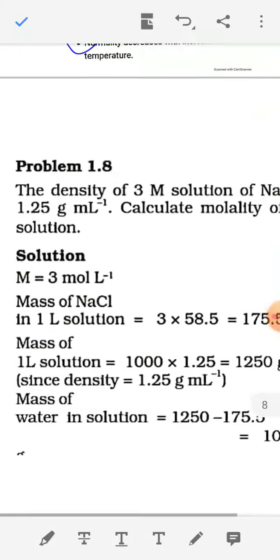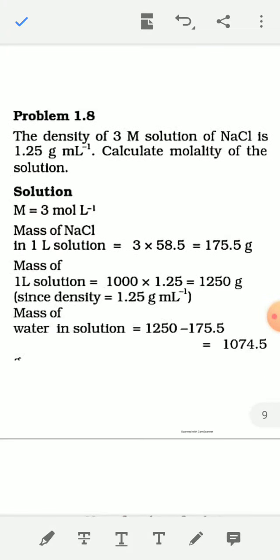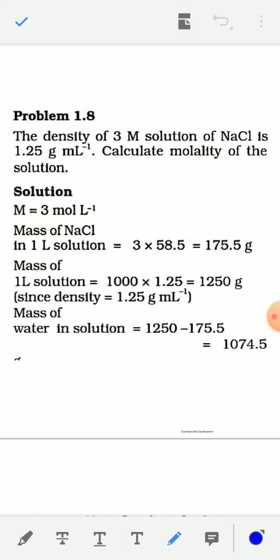One more numerical problem is given here. The density of a 3 molar solution of NaCl is 1.25 gram per ml. Calculate the molality of the solution. Here the density of the solution is given as 1.25 gram per ml, so the mass of 1 ml solution is 1.25 gram.